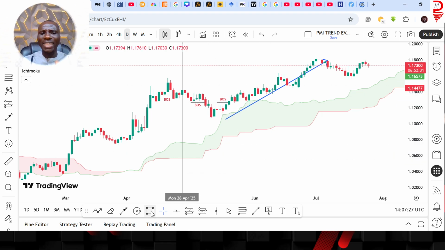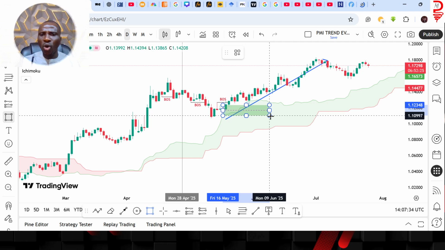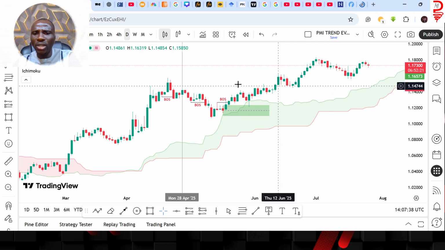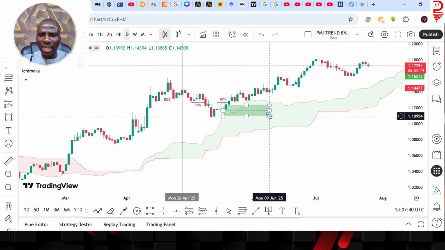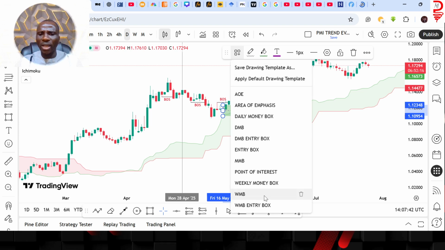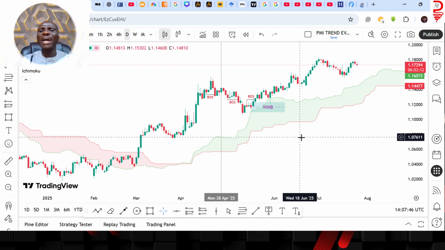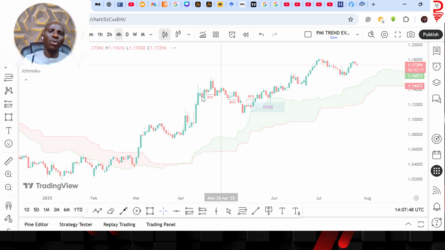The origin that created that break of structure is your money box. Remember that it is on your confirmation chart that you spot your money box. So this will be your weekly money box now, WMB. And I said that you will wait for the price to trade back into the money box.